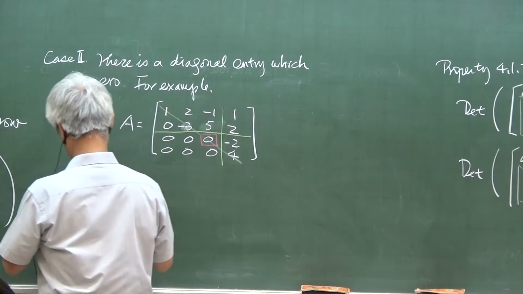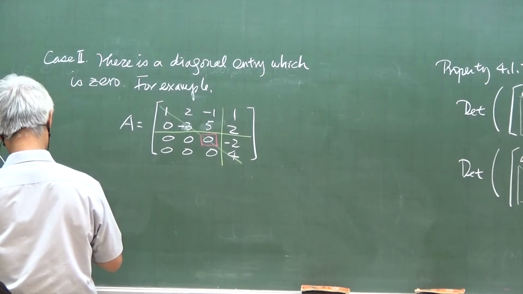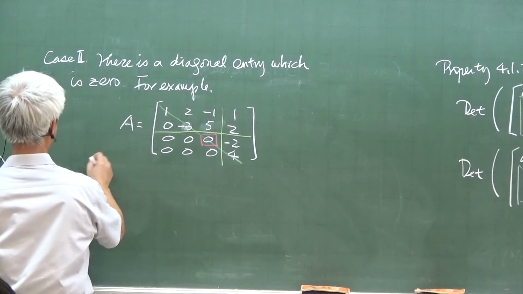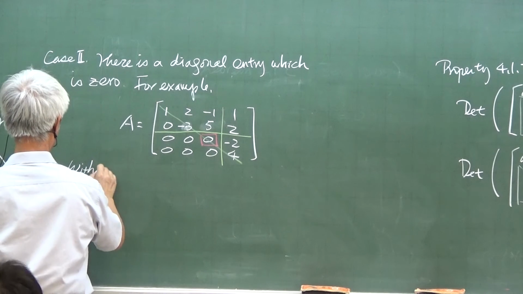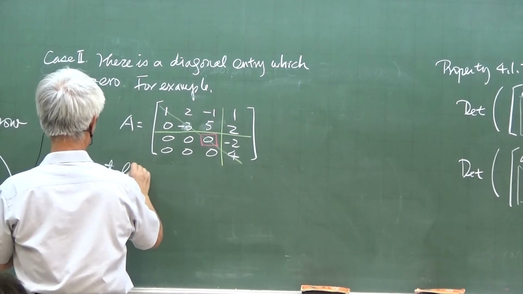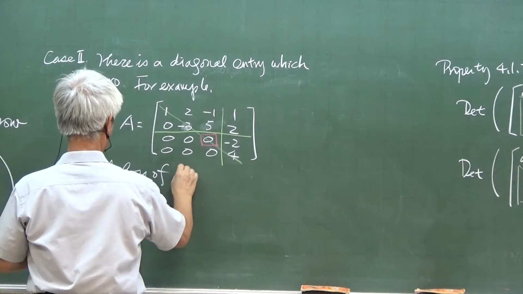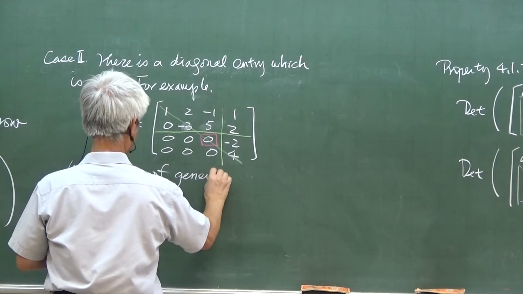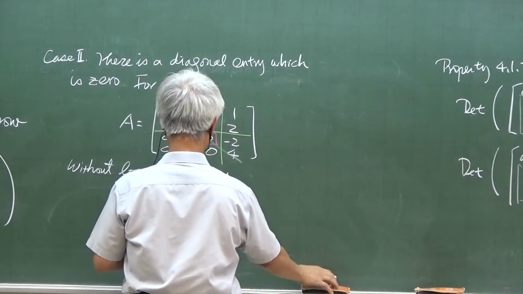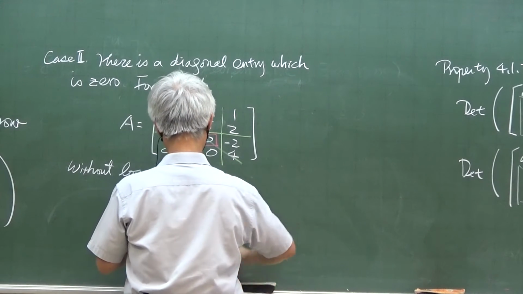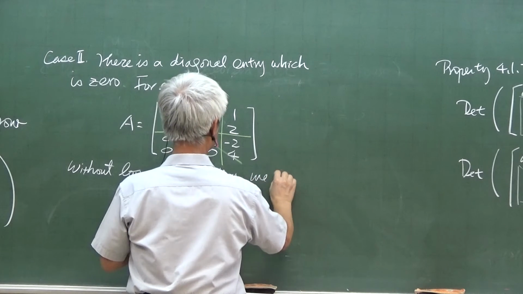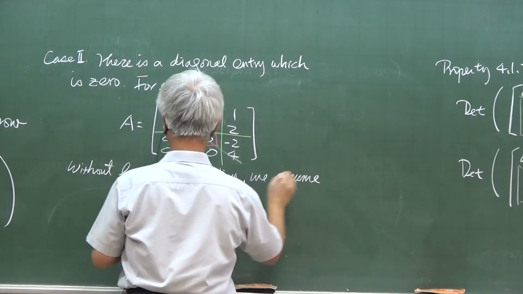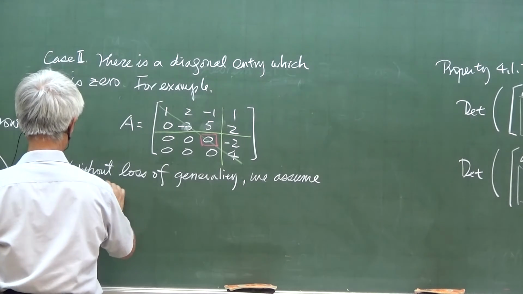Alright, so let me describe it. Without loss of generality, we assume that a_ii is equal to 0.